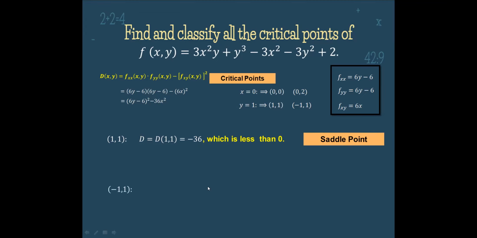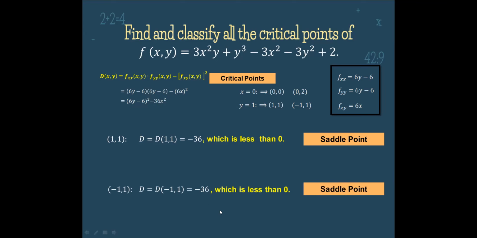And then lastly, we have (-1, 1). For D, we have to replace the variable x with negative 1 and our variable y with positive 1. So 6 times 1 is 6, 6 minus 6 is 0, so 0 squared is 0. Minus 36 times the square of negative 1, which is positive 1. So 0 minus 36 is still negative 36, which means that this is considered as our saddle point.